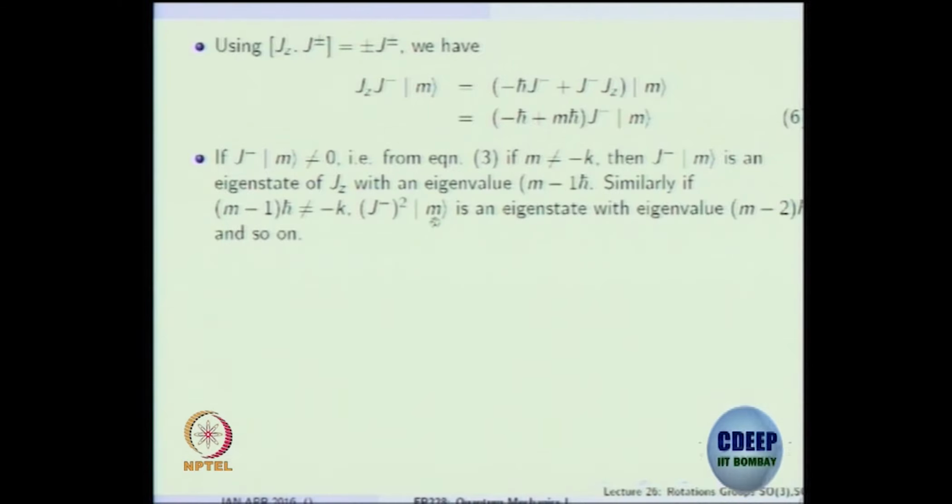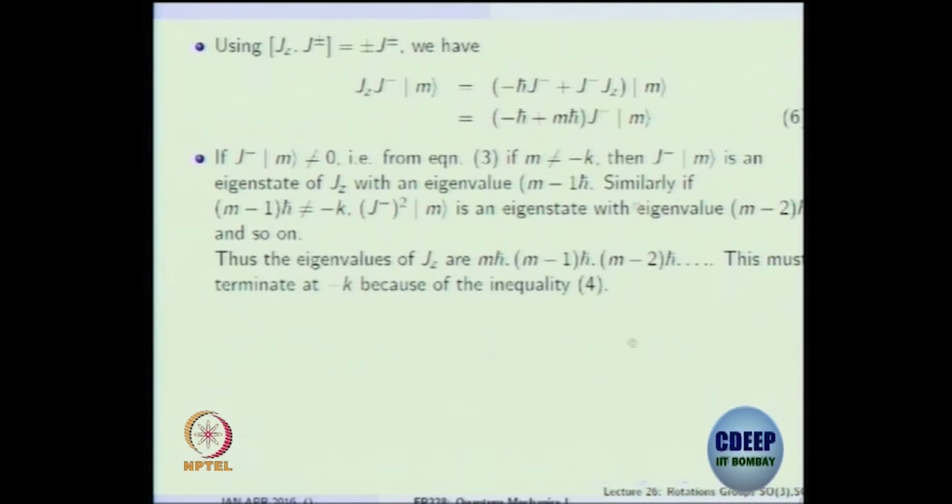It should not go below minus k. That dictates how many times you can do this, and you get the eigenvalues of Jz: m h cross, m minus 1 h cross, m minus 2 h cross, and it should terminate at minus k.